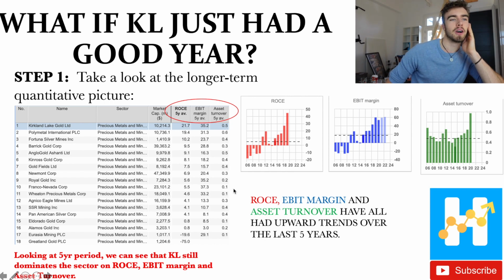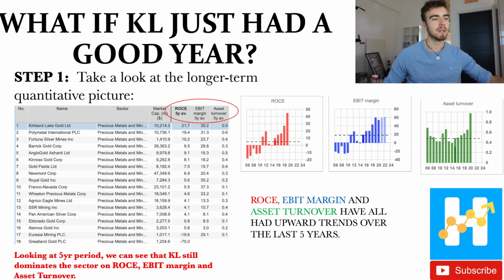And asset turnover, incredibly high as well. So you can see that Kirkland is still doing very well over a 5-year period. So the latest financial year we looked at was not just some kind of lucky streak. You can also see, which is great, that return on capital employed, EBIT margins, and asset turnover have all improved over the past 5 years, which may even indicate that Kirkland's economic moat is strengthening.